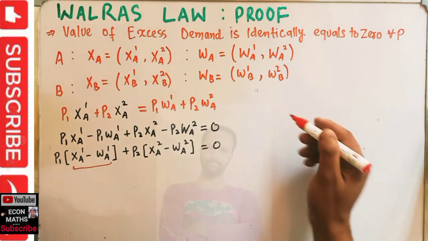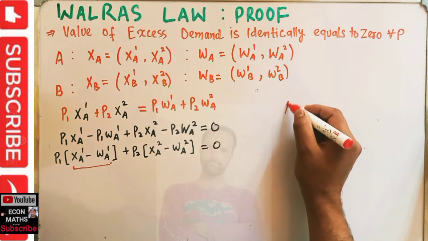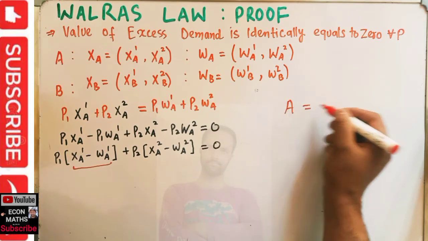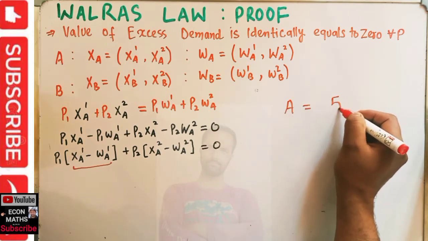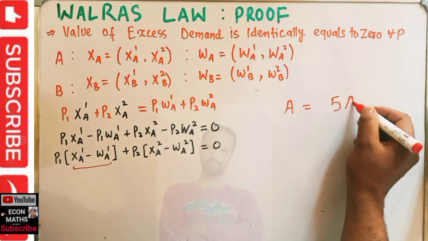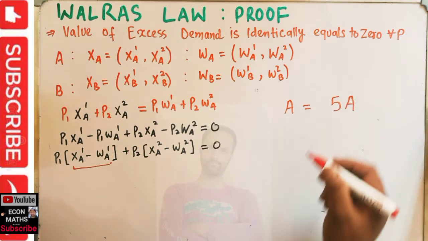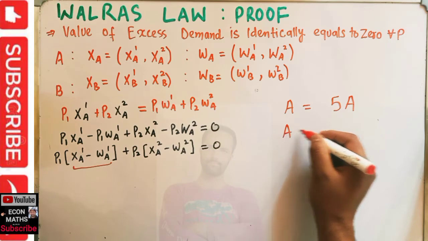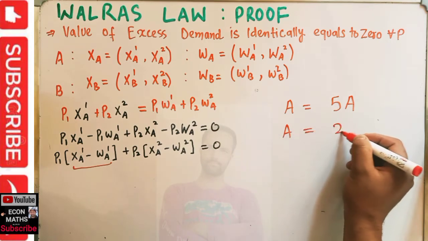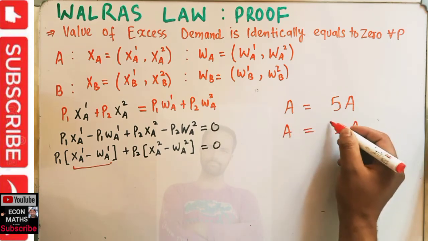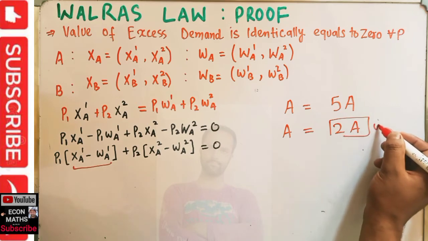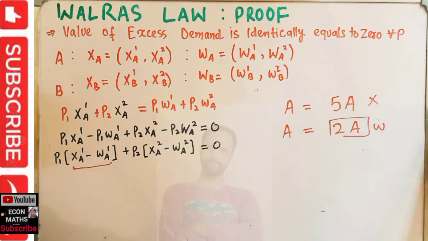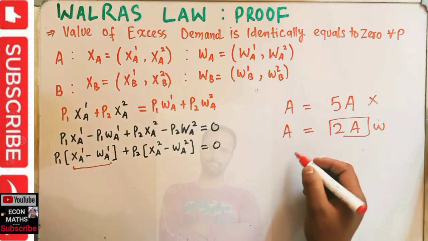Simple step, I will explain it here. Let us say person A is demanding 5 units of apples. Also person A has initially 2 units of apples as endowment. Let us say this is W, this is X.